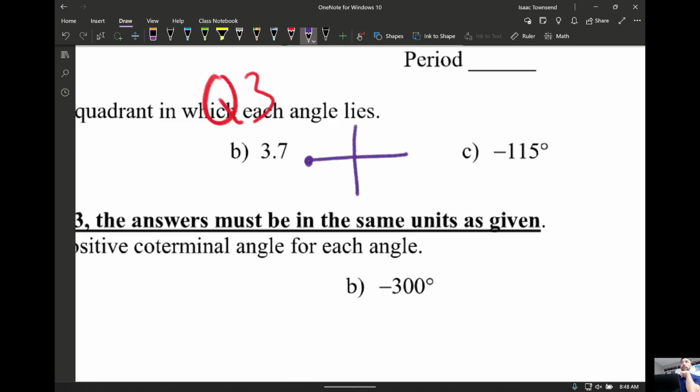How many radians is 3.14, also known as pi? Pi is about 3.14. So if from here to here is about 3.14 radians, then 3.7 is going to be a little bit bigger than that. I don't know exactly, but I know enough to know that it would land in quadrant 3. So just a second way to think about it.